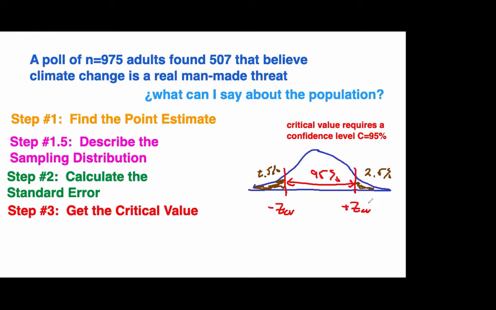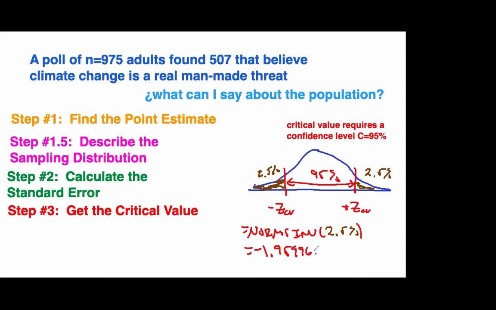Now I can get this value directly just using the NORM.S.INV function. If I did NORM.S.INV of 2.5%, that lowest-most tail, this will actually give me the critical value that I'm looking for here, which is negative 1.95996, et cetera, but I'm just going to round it.